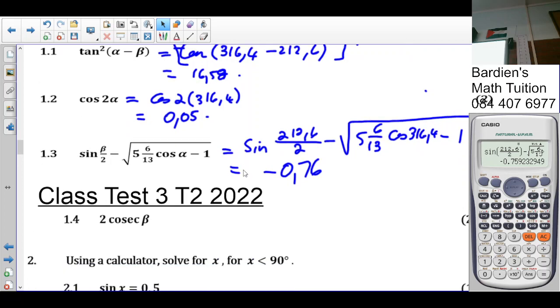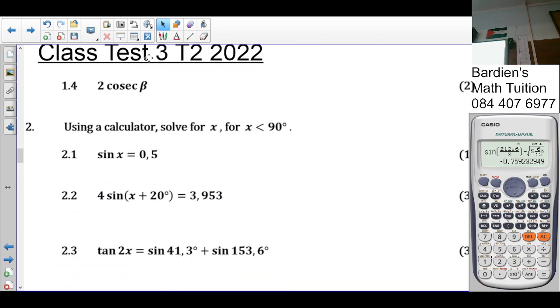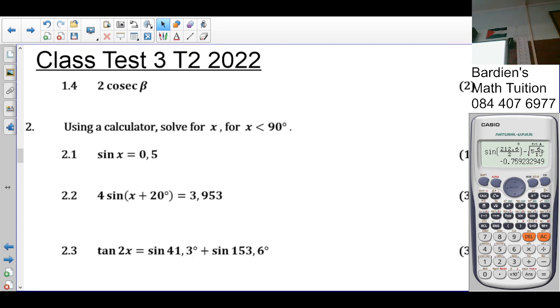Yes, you're right. Look at 1.4. People, now you see here we got cosec. So what is the reciprocal of cosec? 1 over sine. Not so? So it's going to be 2 times 1 over sine, so it's 2 over sine beta. What is the size of beta? 212,6.